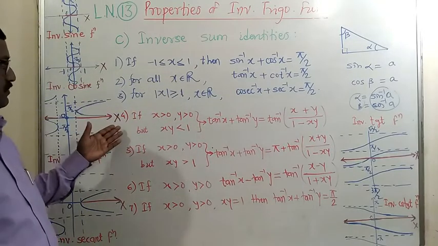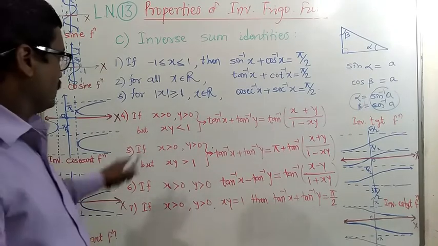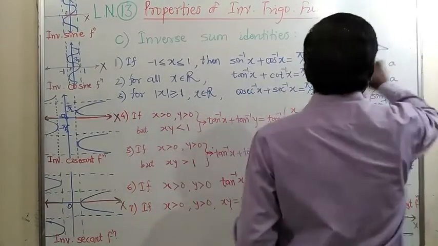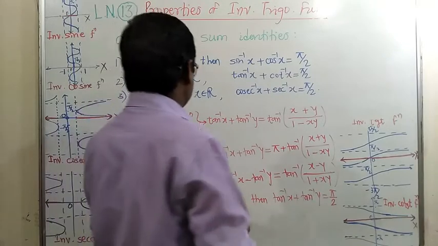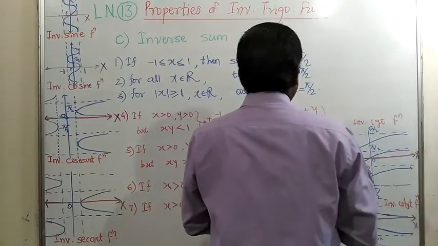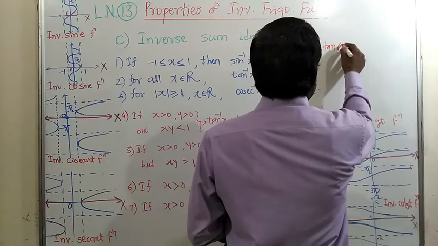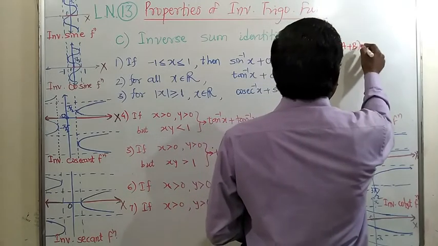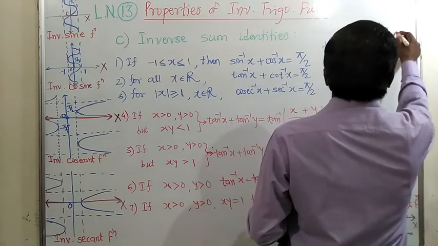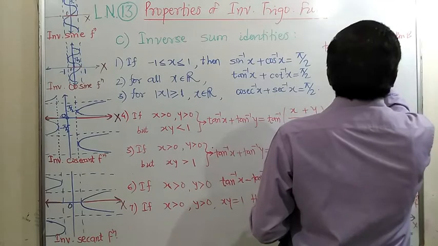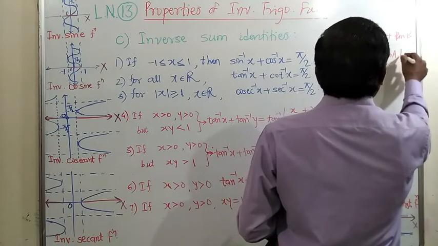Now let us see the fourth one. This result is related to tan inverse x plus tan inverse y. We can use here the formula of tan of a plus b, which is equal to tan a plus tan b upon 1 minus tan a tan b.